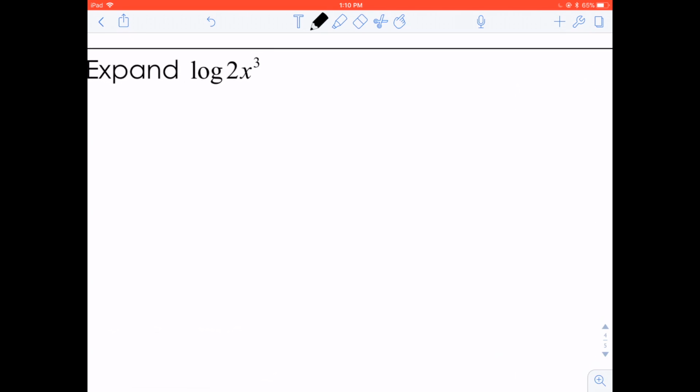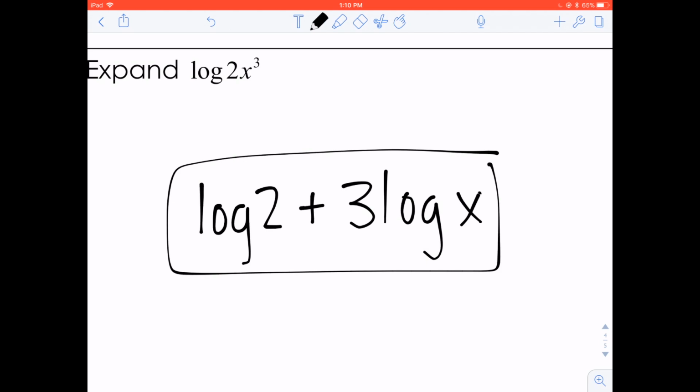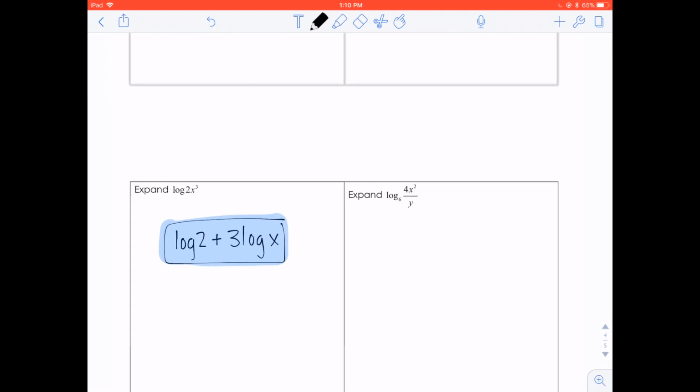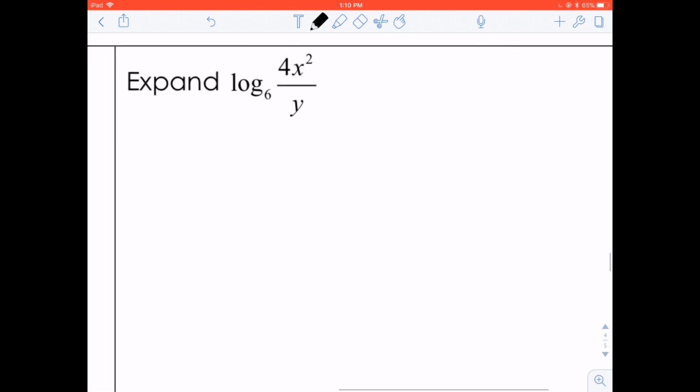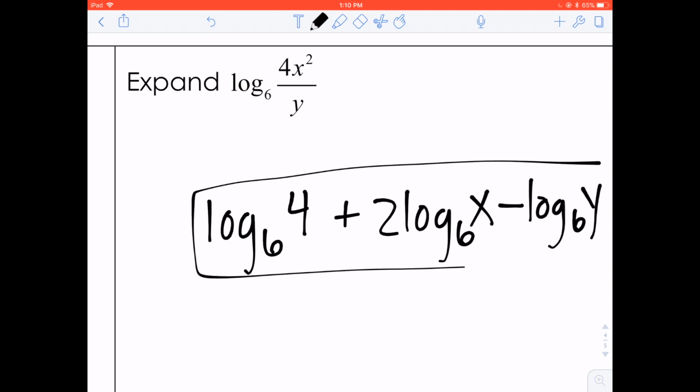All right, this first one should end up being log of 2 plus 3 log of x. Our one to the right should end up being log 6 of 4 plus 2 log 6 x minus log 6 y. So this was a really long one.